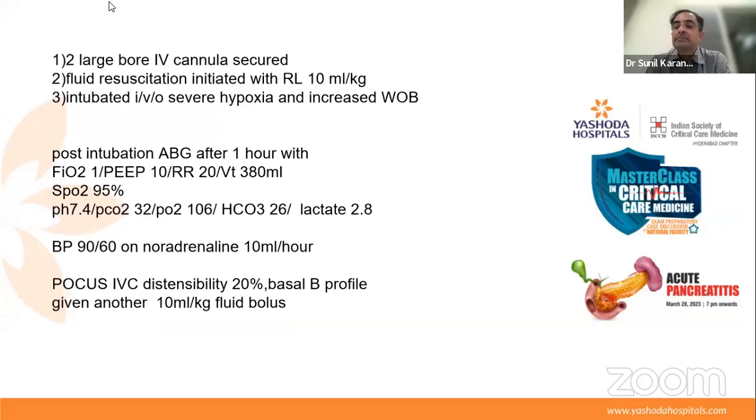If the score is 0 to 2, the mortality rate is 0 to 0.5%. If it is equal to 2, the mortality rate is 2%. If it is 3 to 5, the mortality rate is around 17 to 20%.